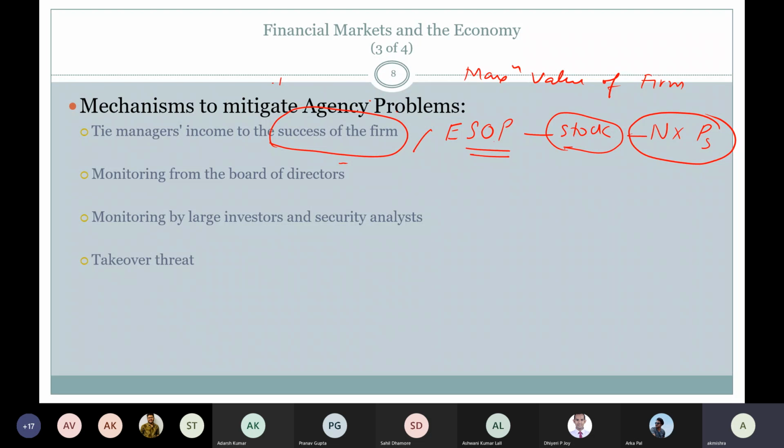So the manager will always try to maximize PS, the value of the stock. He may be giving quality time to analyzing various investment options, creating the best optimal portfolio for the firm, and selecting various hedging instruments. So this is one way by which the agency problem can be minimized to a large extent.